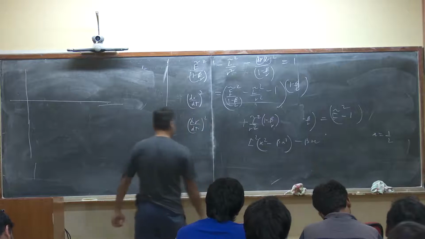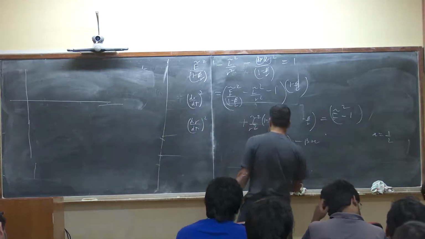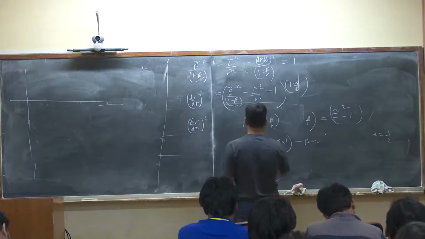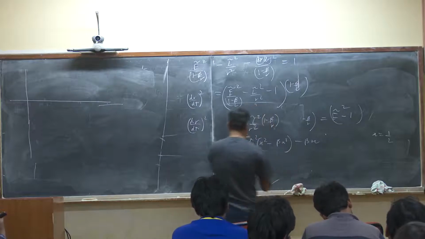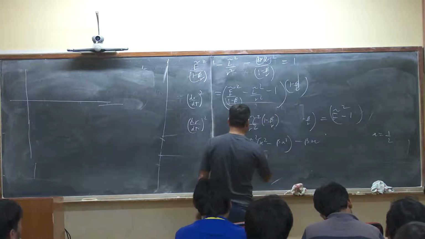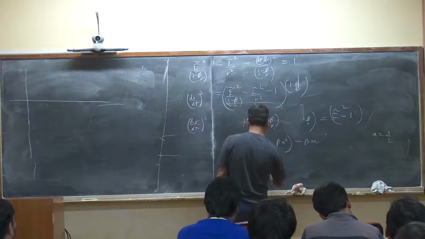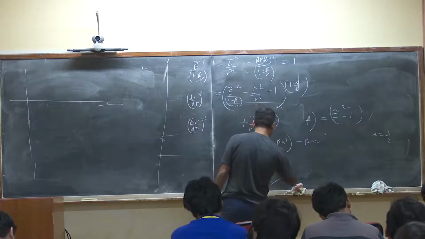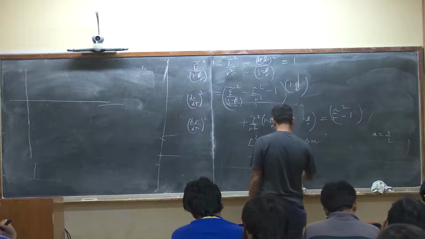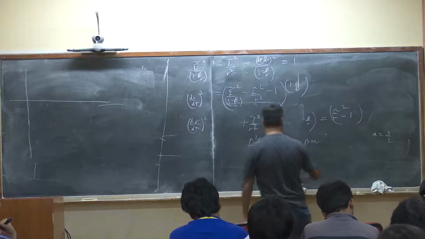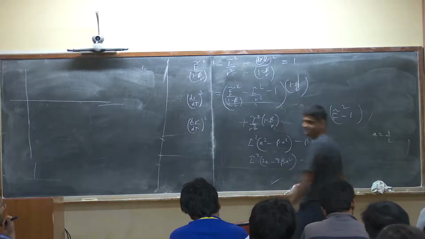Okay. So let's differentiate this. When we differentiate it, we get L tilde squared into 2x minus 3 beta x squared minus beta is equal to 0.